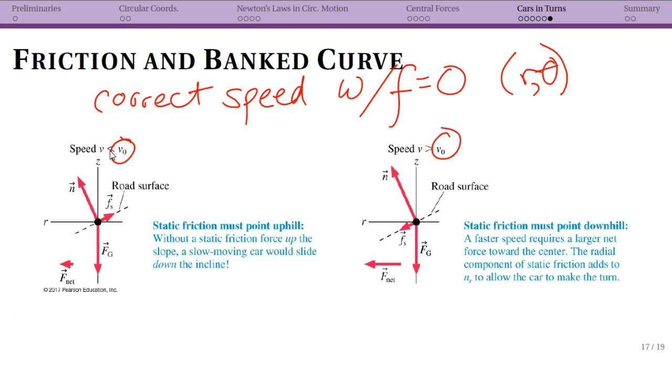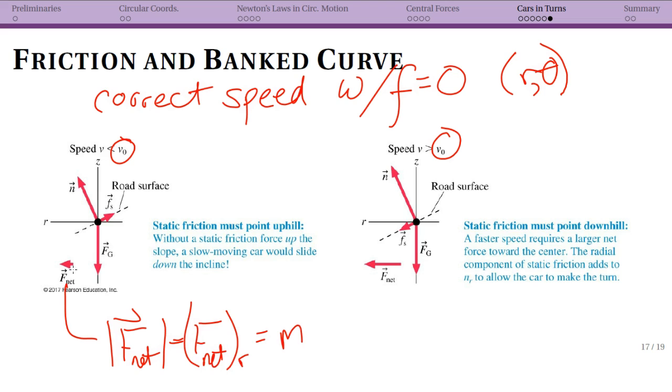If you're going a little too slow, then you actually have less of a net force towards your center. And again, what this is coming from here is that the magnitude of your net force is just equal to your net force in the r direction, which is equal to mass times your centripetal acceleration, which is the same thing as your radial acceleration, which is mv squared over r.